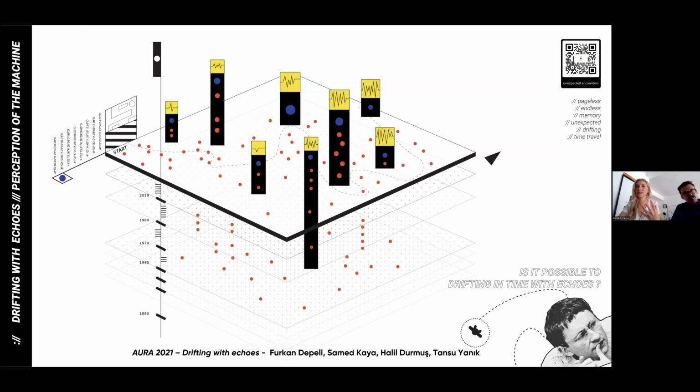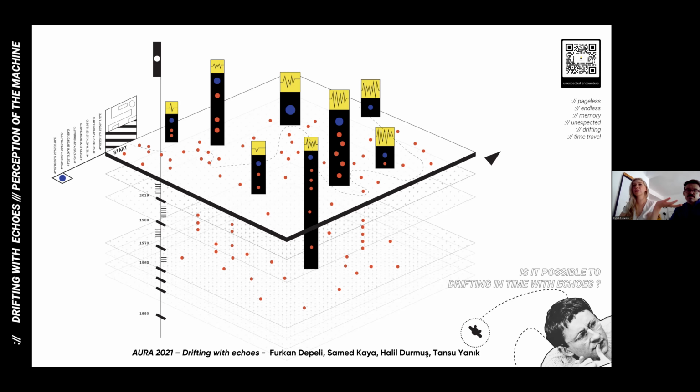And the other work was kind of different. It wasn't as analytical in the sense of looking at all the layers of the geography, but in this work, which was focusing on Taksim Square, they selected one layer, which was the sound of the past, the past events.